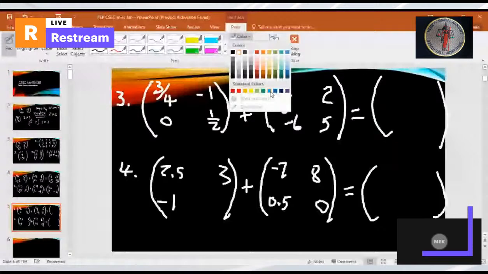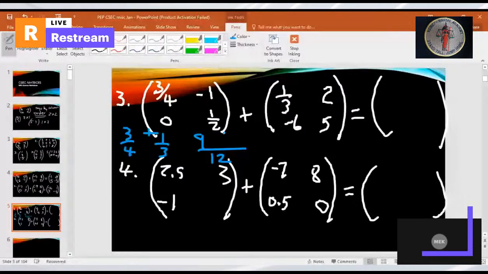You know, the LCM is going to be 12. 4 into 12, 3 times, and 3 into 12, 4 times, plus 4 is 4. So this gives 13 over 12. We can put it either way, but make sure to put your improper fractions over 12 for that one, right?